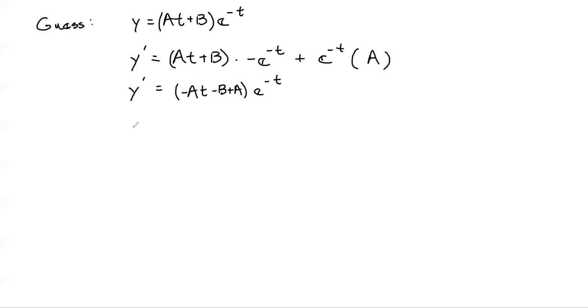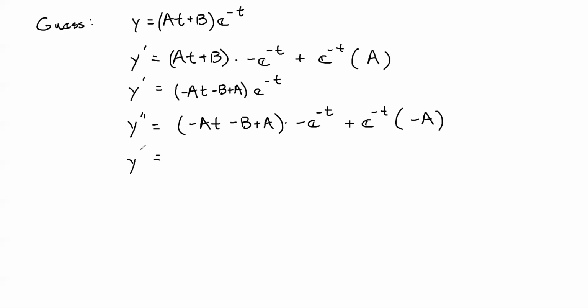Okay, let's try y double prime. So we'll take this, negative b plus a times negative e to the negative t, plus e to the negative t times the derivative of this, which is going to be negative a. And we could go through and simplify that.